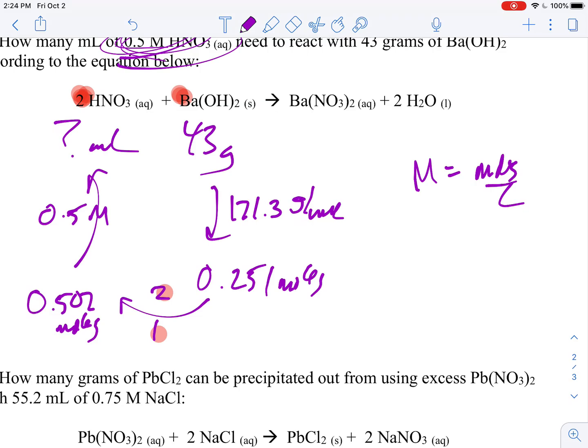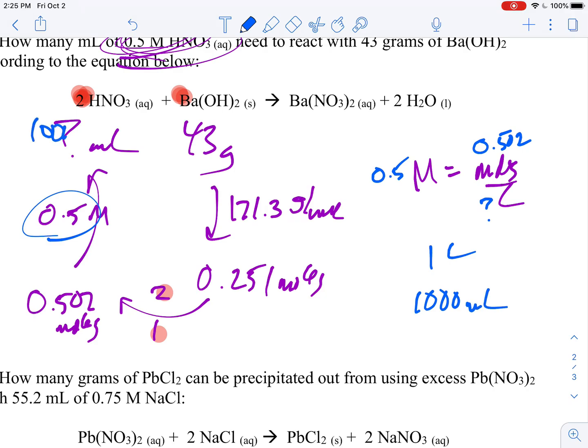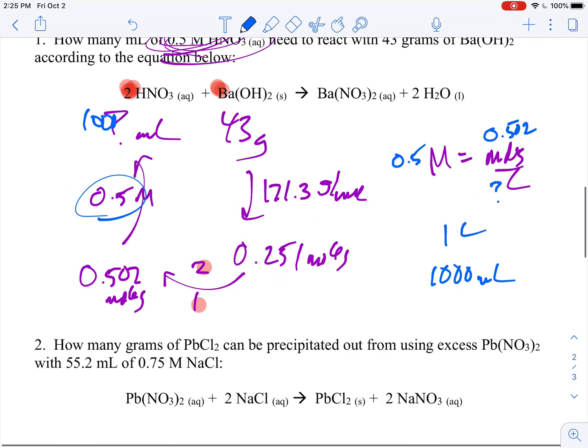My molarity was 0.5, and I also told you that it was 0.502 moles. And then you want to know what the liters are. So you divide the 0.502 by the 0.5, and you get 1 liter, or 1,000 milliliters. In this one, it worked out really convenient: 1,000 milliliters for that to occur.